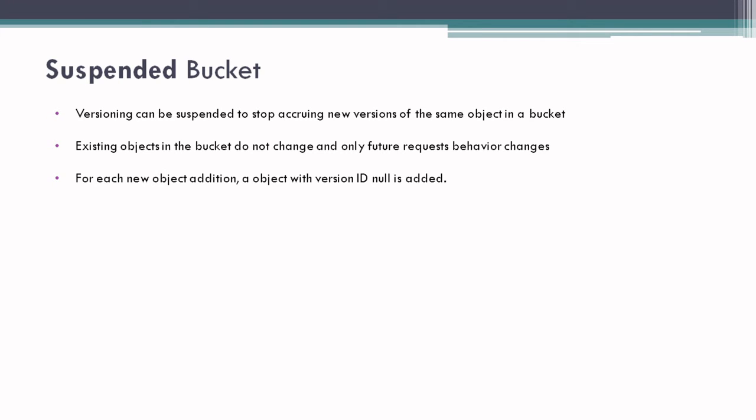For each new object addition, an object with version ID null is added. So before, you had enabled versioning, now you suspended it. Now what happened to your bucket? All existing objects, meaning your previous versions, will remain as they are, and when you add the same object, a new version with ID null will get added.